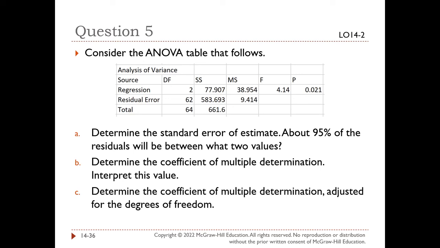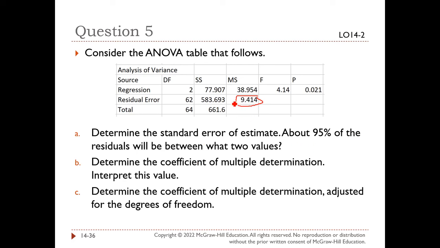Alright, so determine the standard error of estimate. About 95% of the residuals will be between what two values? So for us, the residual error, we can go through the whole formula, but remember, this right here is when we want to determine the standard error of estimate.